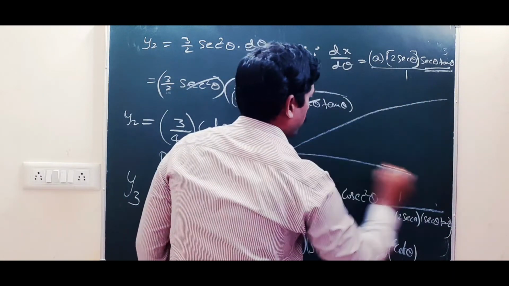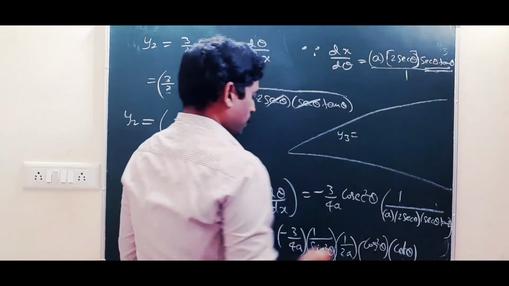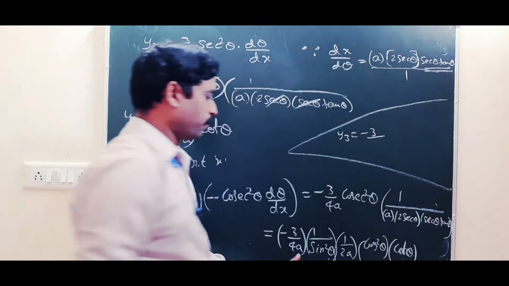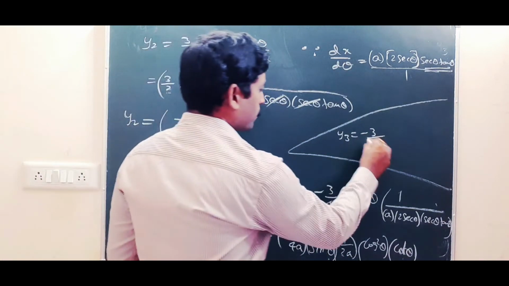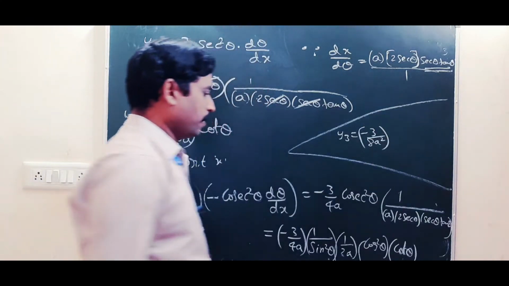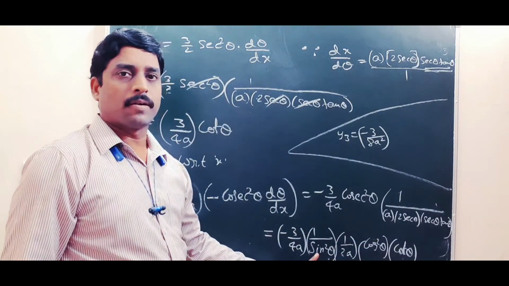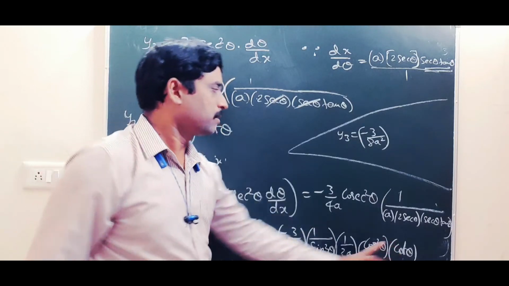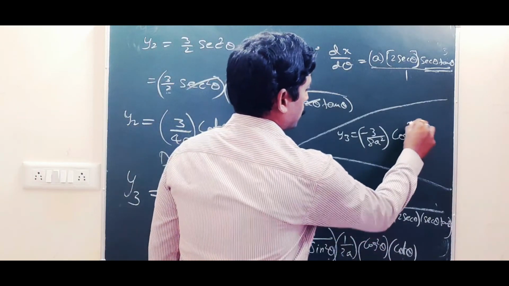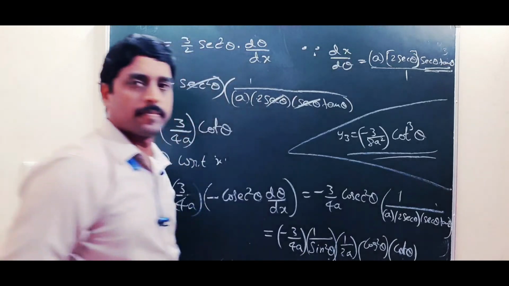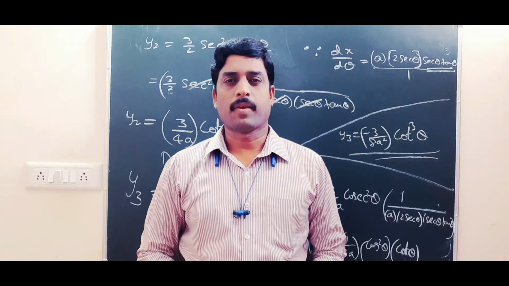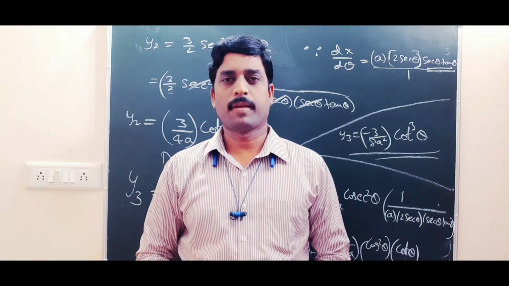So the final answer: y3 is equal to minus 3 by 4a into 2a, that is 8a square. Cos square by sin square is cot square theta, and cot square theta into cot theta is cot cube theta. This is the answer. Thank you for watching. Remaining problems I will explain in coming classes.